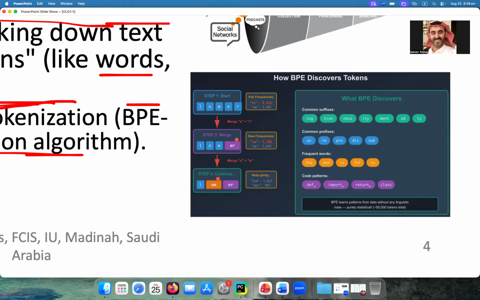It will extract them automatically because these prefixes and suffixes have higher frequency than others. What is the reason? Because we use ing, shen, ness, iti, ment more frequently than others. And then the algorithm will calculate their frequency and automatically detect those things.